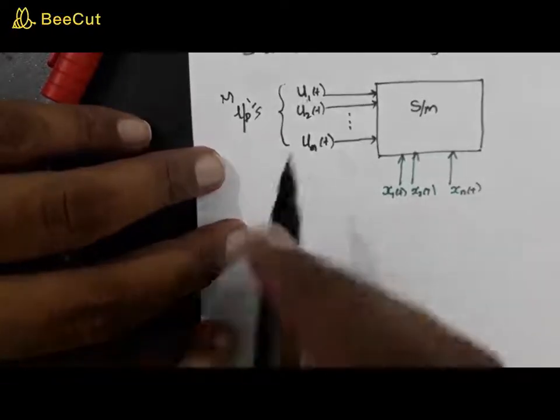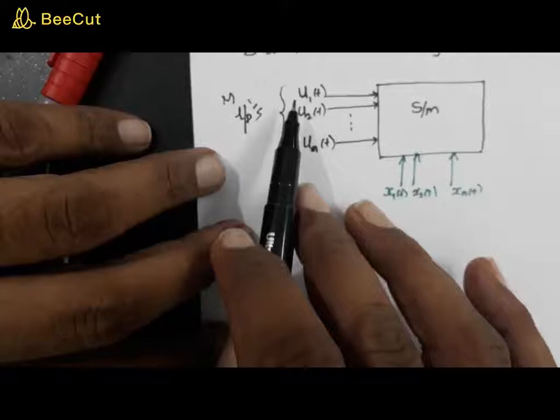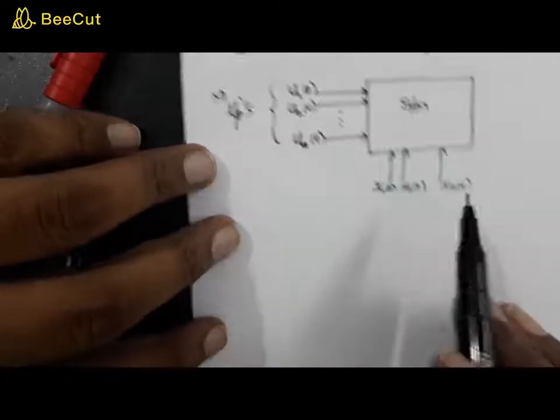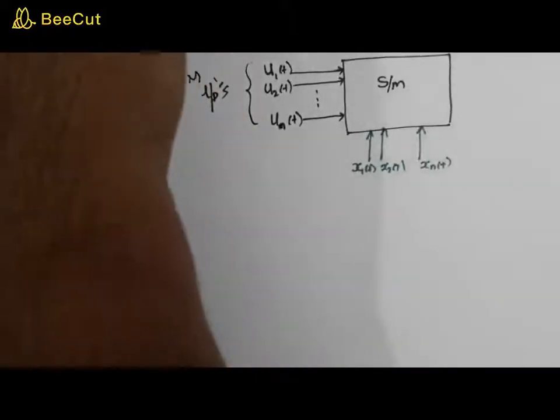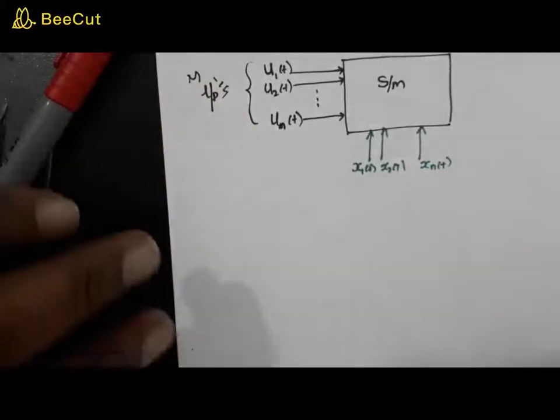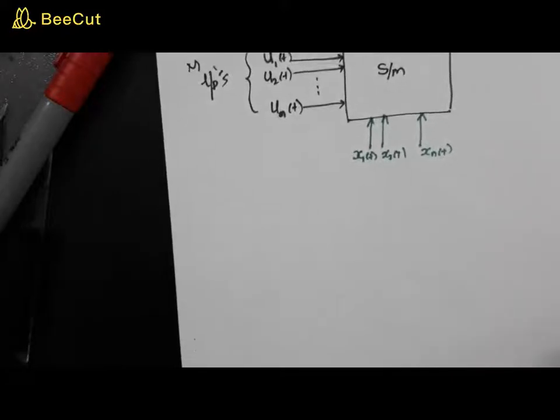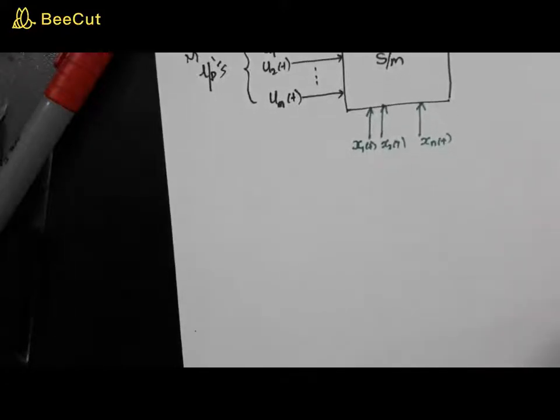Do remember I'm using the designation u for the main inputs, while these are the states. And what do we mean by states? States refers to the history of the system. As in the previous example, in an electrical system it can be a capacitor voltage or the initial current through the inductor.